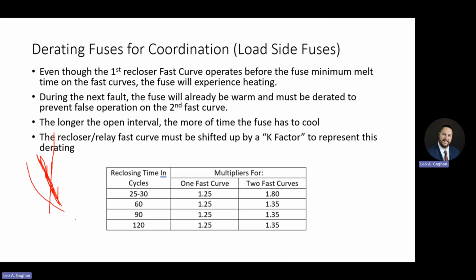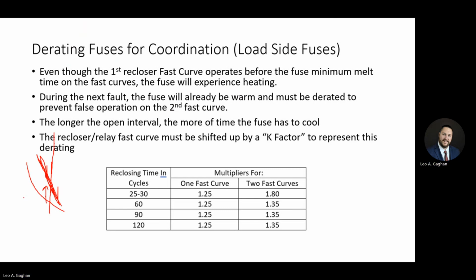So let's say we had an open interval of 30 cycles. When they say we're going to give the recloser a K factor to be shifted up, we would essentially take this time and multiply it times 1.25. So it would just push it up a little bit into that fuse, and make the coordination just a little bit tighter.